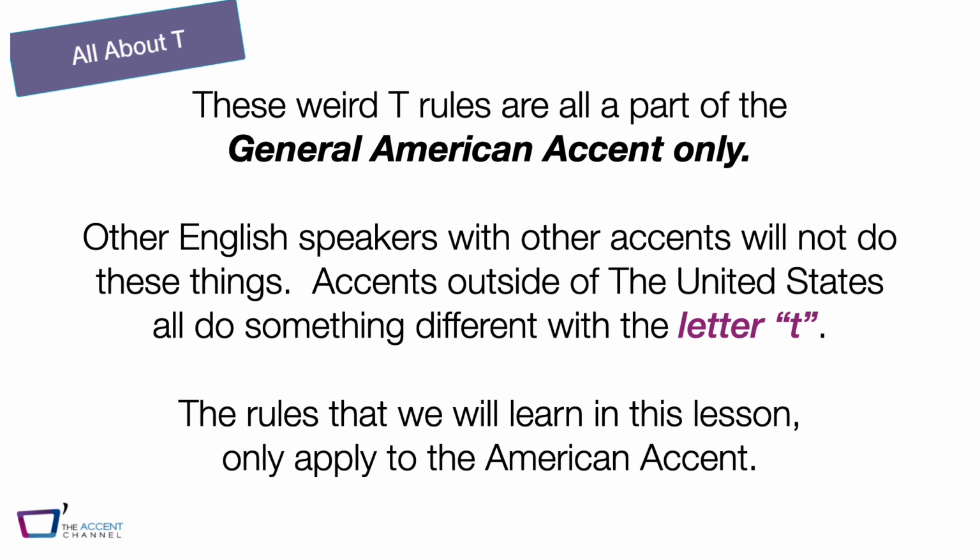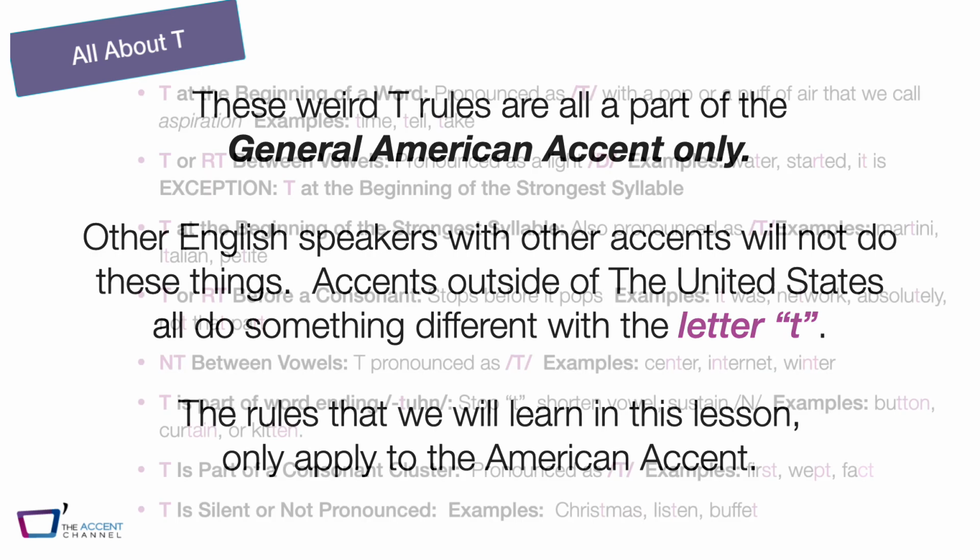So Canadian accents, British accents, Irish accents, Scottish accents, Australian accents, New Zealand accents, all do something different with the letter T. The rules that we will learn in this lesson only apply to the general American accent, sometimes called the standard American accent. We don't call it that so much anymore, but these all apply to that neutral, invented, non-regional American accent. So definitely keep that in mind as we go through all the rules.